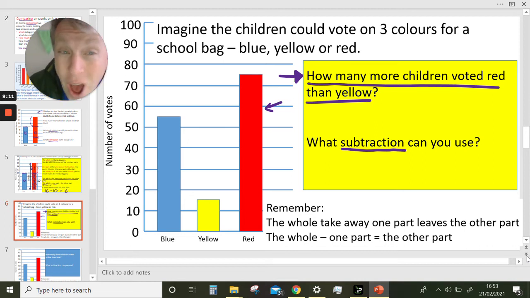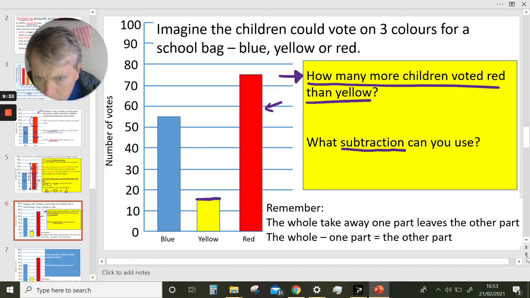Okay, well I hope you did have a go at that, and I hope you tried to use the subtraction. So we are comparing, aren't we, the size of the red bar to the size of the yellow bar. So let's just start off by saying how many children voted yellow.